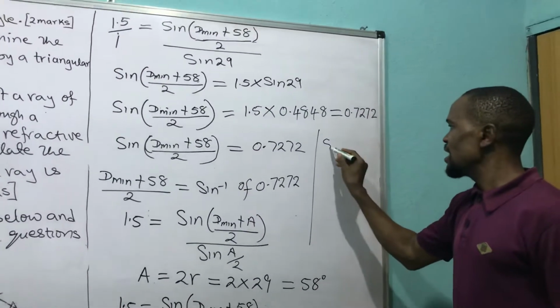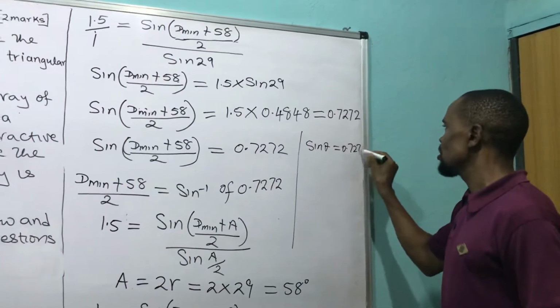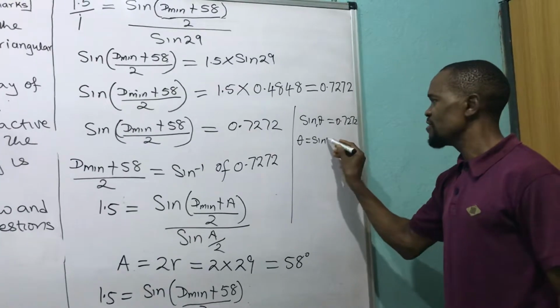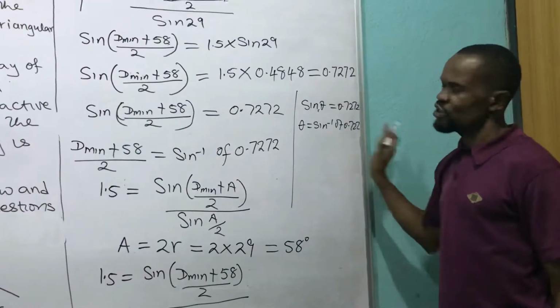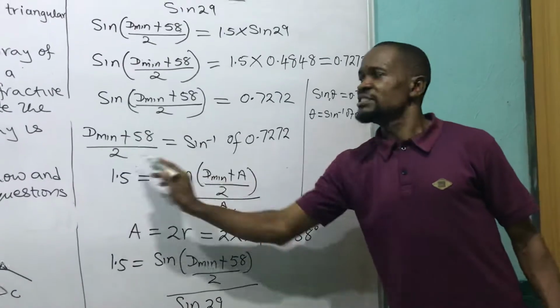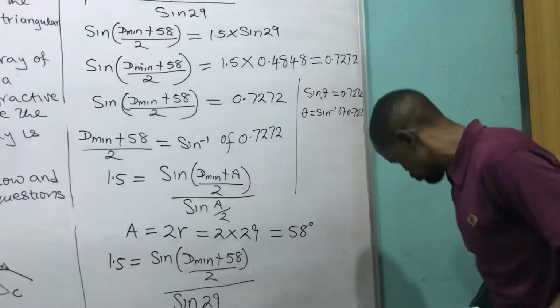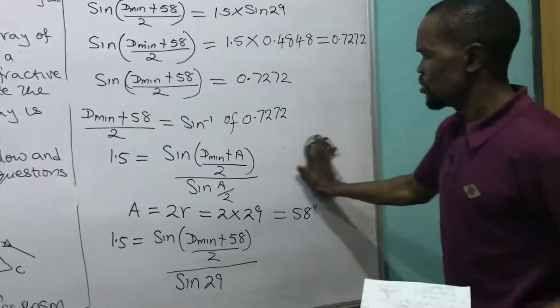If I say sine theta is equals to 0.7272, what do you do to get theta? You say theta is equals to sine inverse of 0.7272. That's what we normally do, and that's the same thing you are doing here. This is still the theta you are talking about. So no matter how they wanted to confuse you, you do the normal thing you know how to do.